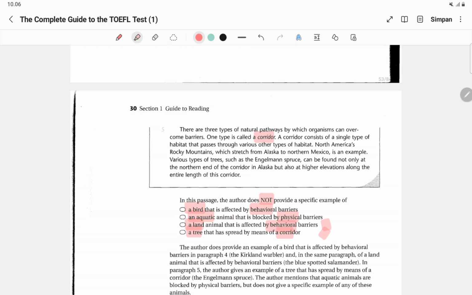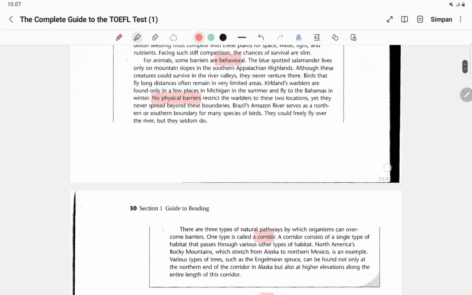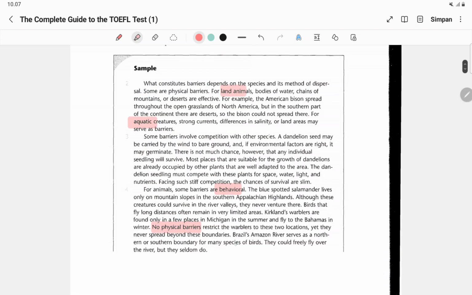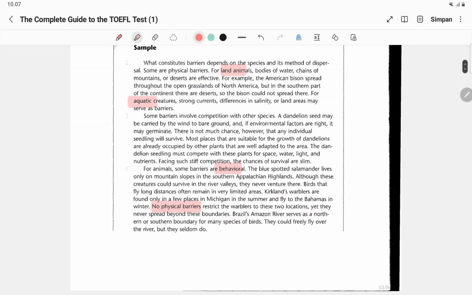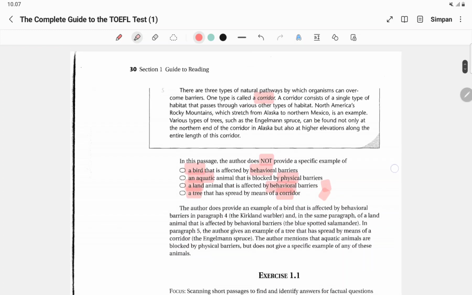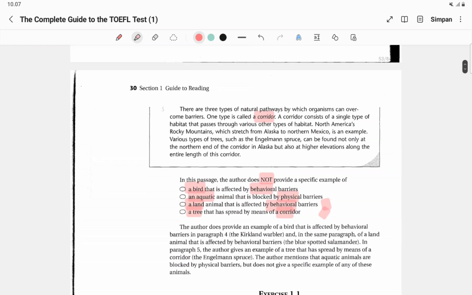But let's find it: paragraph 4, Kirtland's warblers, land animal of behavioral, the blue spotted salamanders. Can you find blue spotted salamanders? Yes, blue spotted salamanders. Paragraph 5, it's obvious. Corridor and tree. Yeah, that's it.